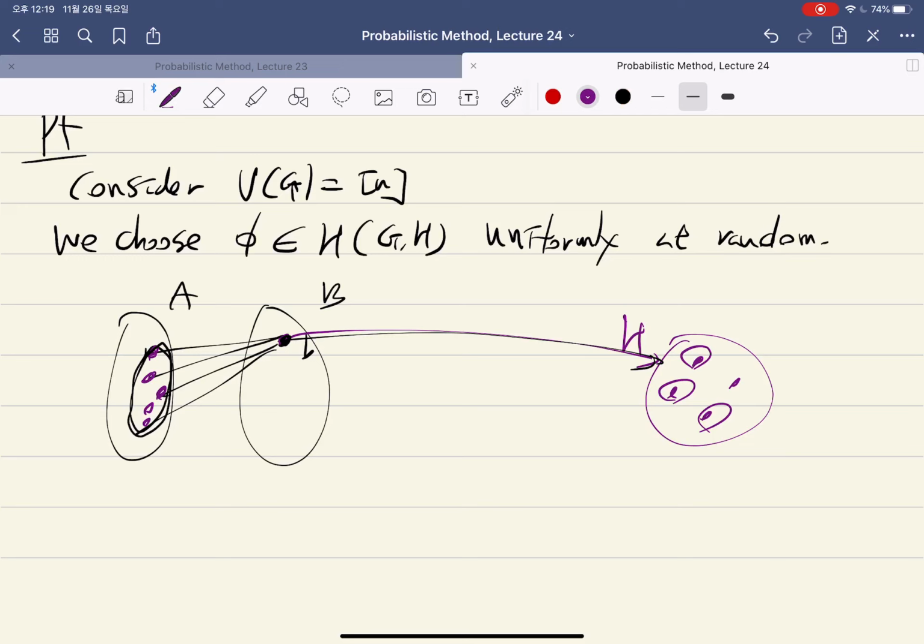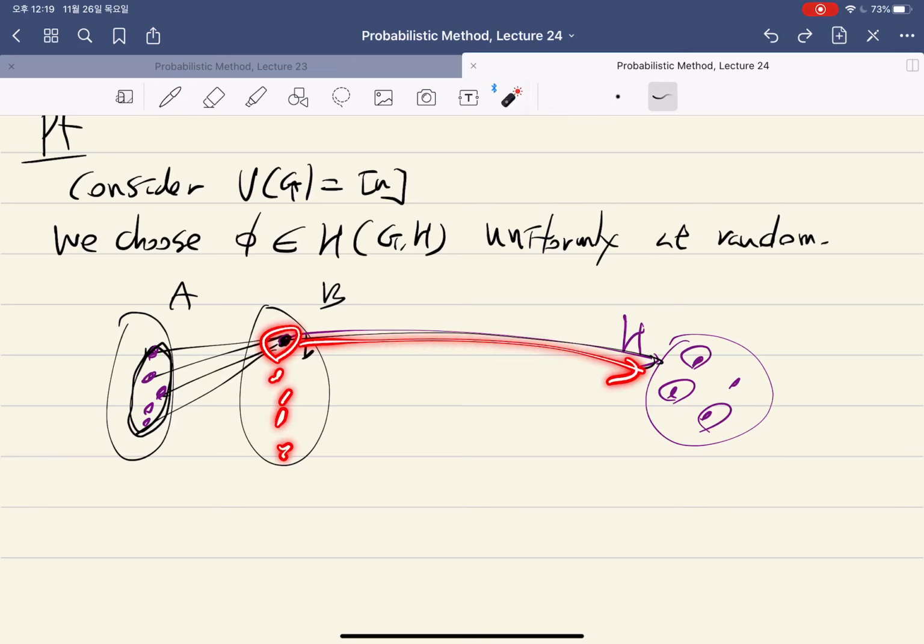Once this is fixed, where does this go to?